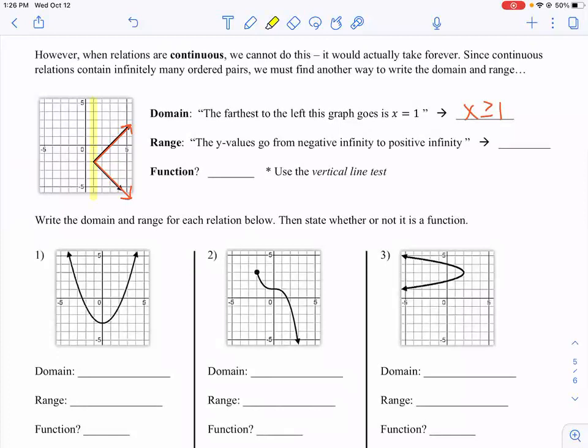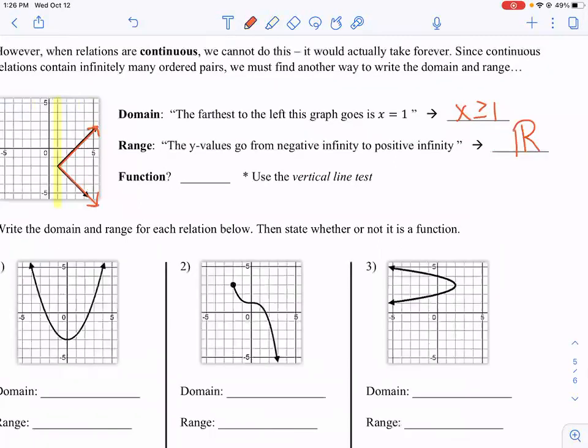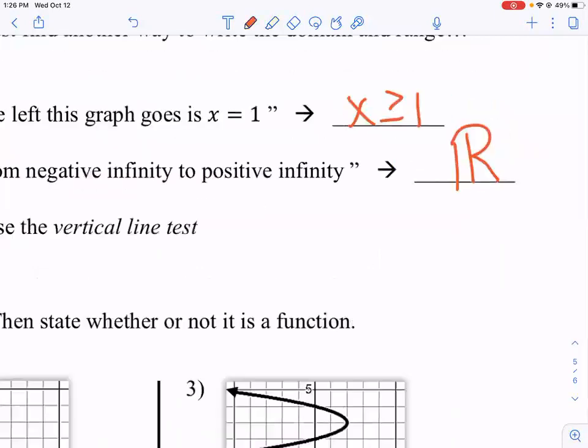Okay. Now notice how, since these have arrows, this is going to keep going and this is going to keep going. So when we scan from bottom to top, we're always going to have y values, because this is going to go on forever. This is going to go on forever. So we are going to write this really weird R, and it means all real numbers.